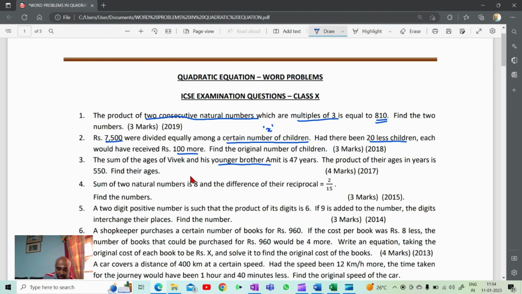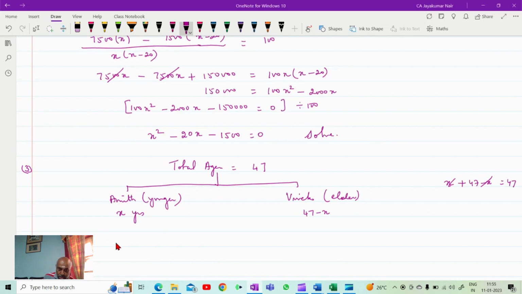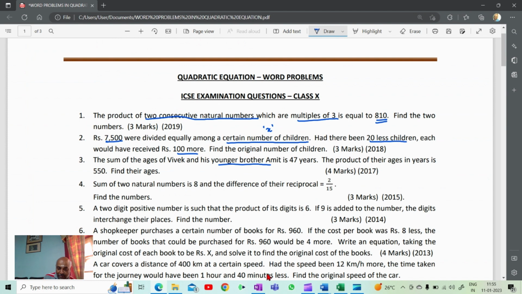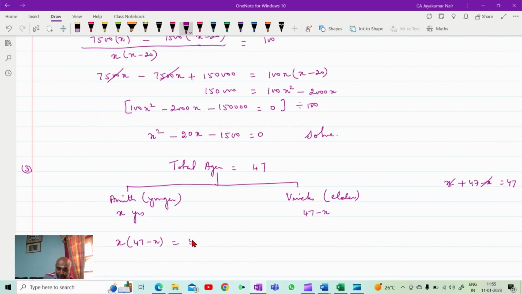Now what are they saying further? The product of the ages is 550. So if you multiply the ages, x into 47 minus x is equal to what? 550. So you get 47x minus x squared is equal to 550.